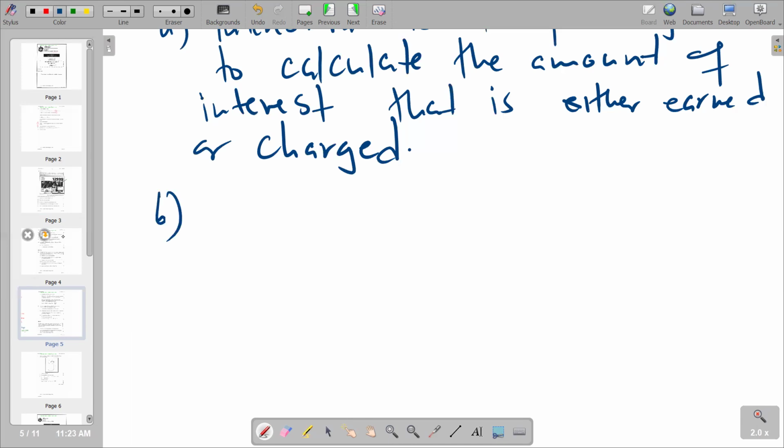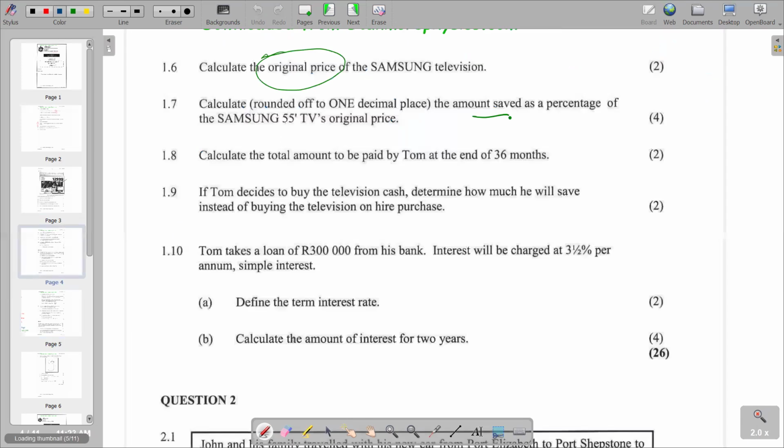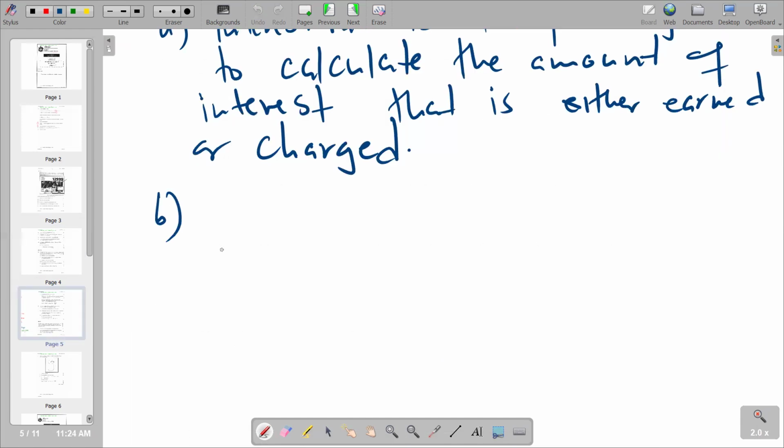Of course, we've got B, which reads, calculate the amount of interest for 2 years. We know that per annum is for 1 year. So we're going to say 3.5% of 300,000, which gives the amount for 1 year. Then we multiply by 2 to get for 2 years. So 1.10b, on our calculation, we've got 300,000, then we multiply by the percentage, 3.5, then we divide by 100.